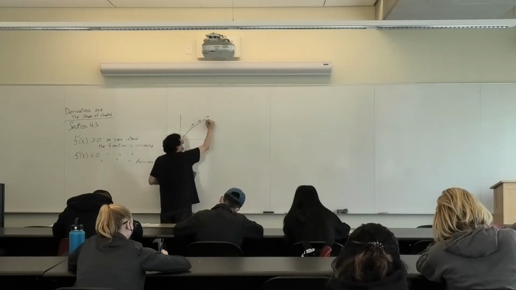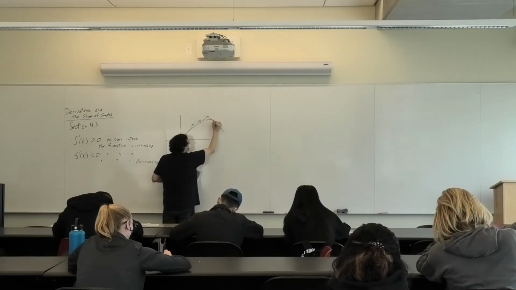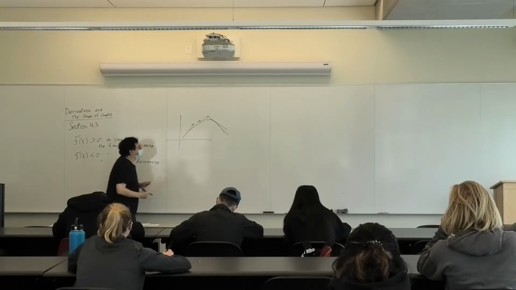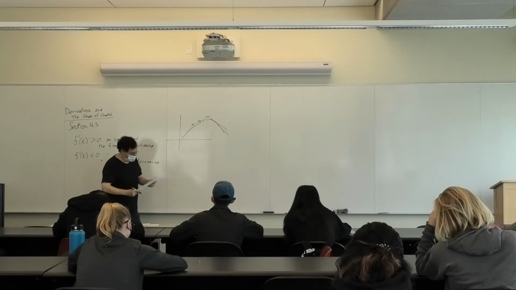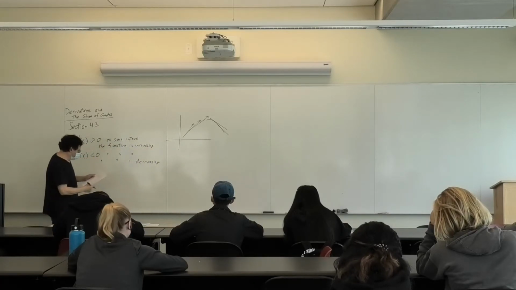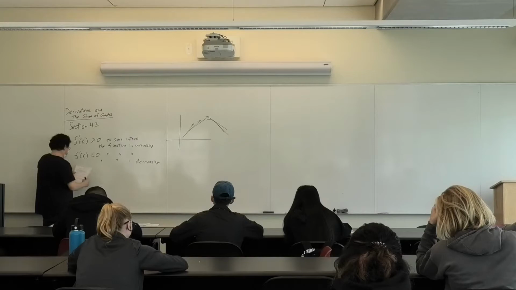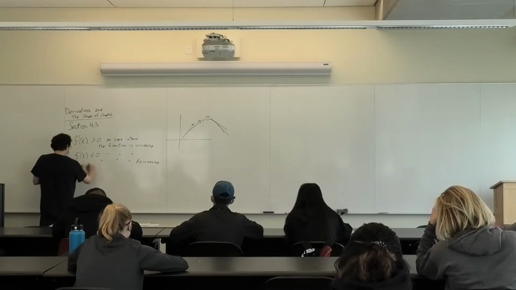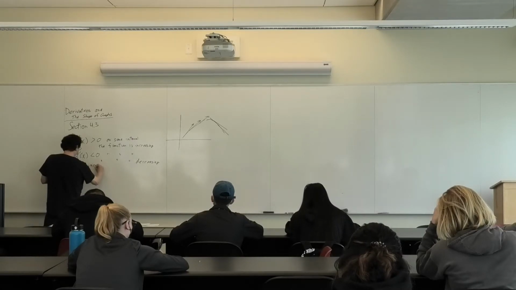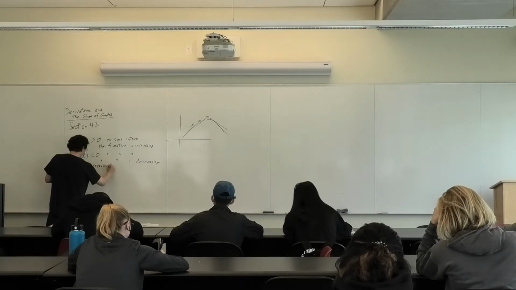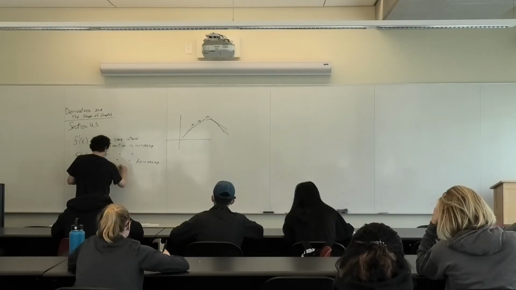So again, if your tangent slopes are negative, you have a decreasing function. The book calls this the decreasing test.